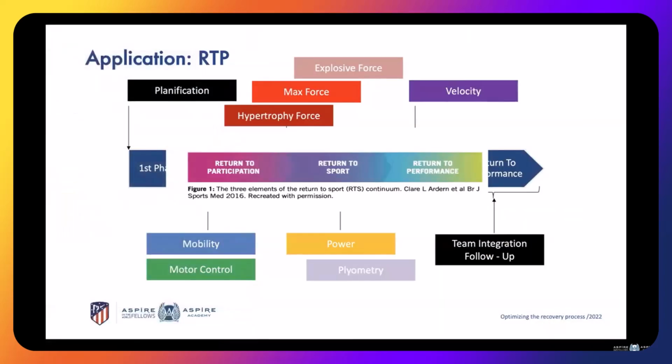So this is our return to play process. Whenever we have an injury, the first thing that we do is to plan with the team. During this first phase, we do the mobility and motor control testing. Once we are in the second phase in the gym, we test hypertrophy, max force, and explosive force.